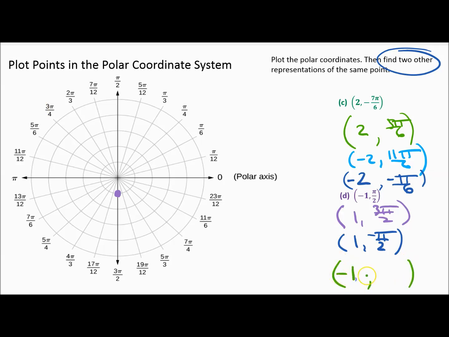So how could I do a negative 1, and what angle would that be? Now a negative 1 means I need to not be on this line, but I need to be on this line right here, which is π/2. I agree with you there. But we're trying to go backwards to get there. So what is that? That is negative 3π/2. So again, 3 ways to name (-1, π/2).